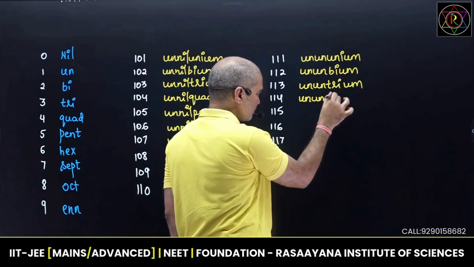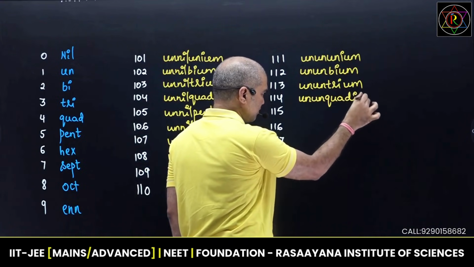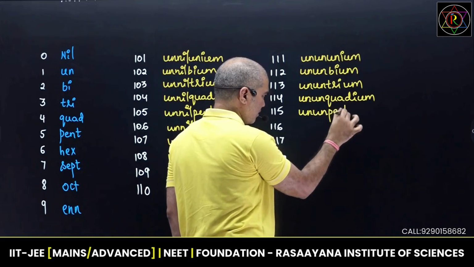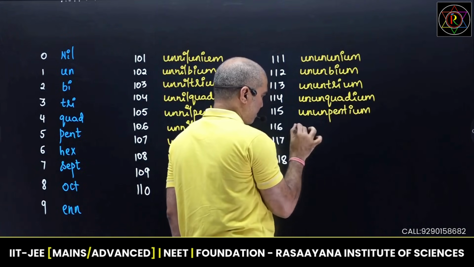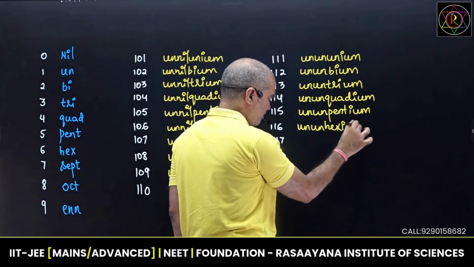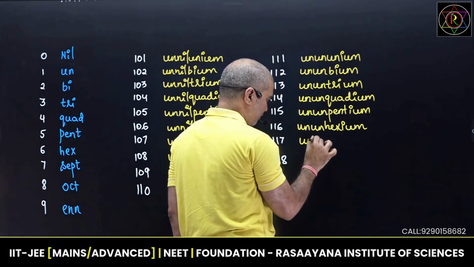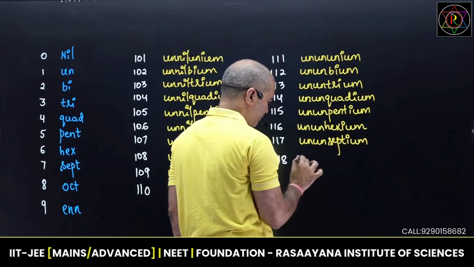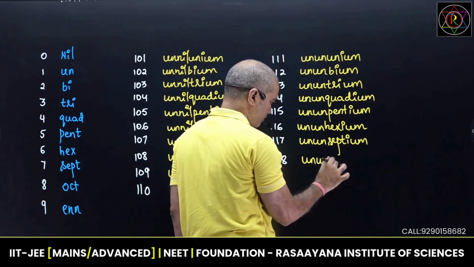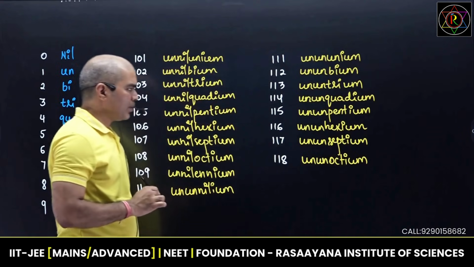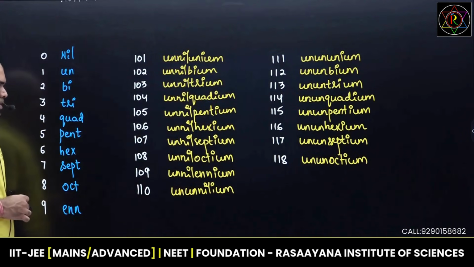Un, quad. Un, quadium. Un, pent. Un, pentium. Un, hex. Un, hexium. Un, sept. Un, septium. Un, oct. Un, octium. So these are the elements according to IUPAC nomenclature.